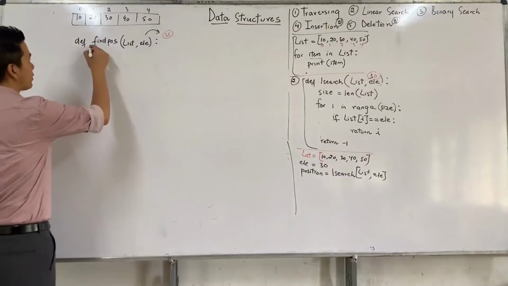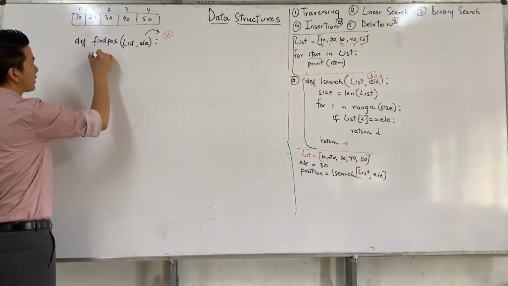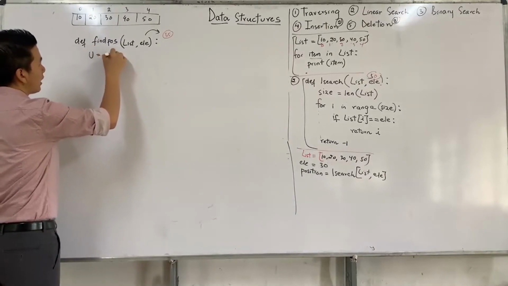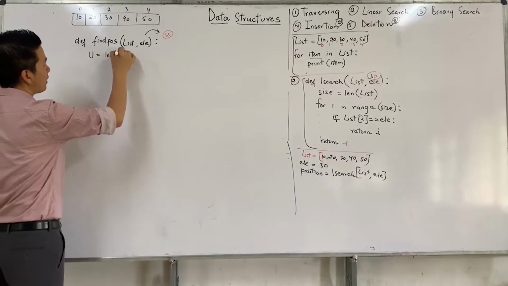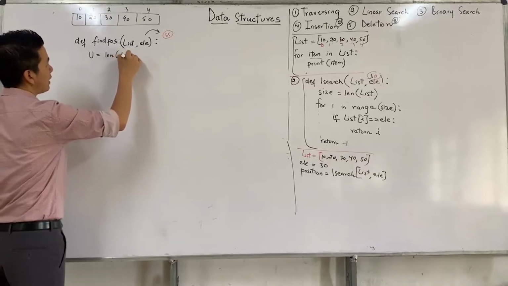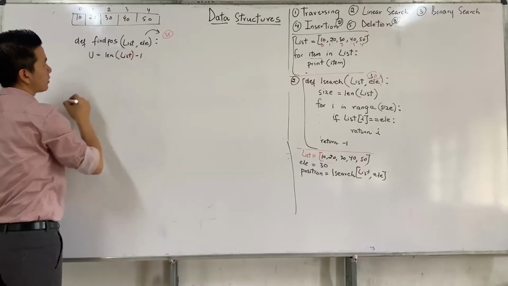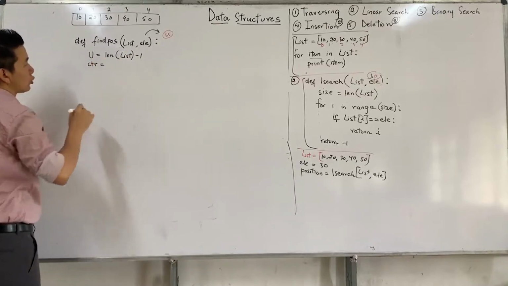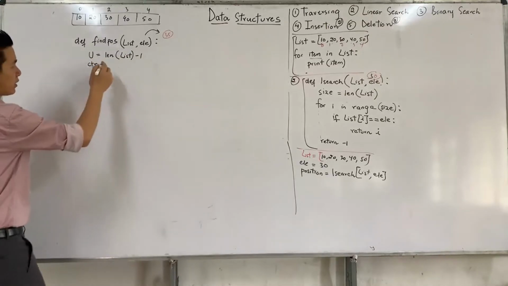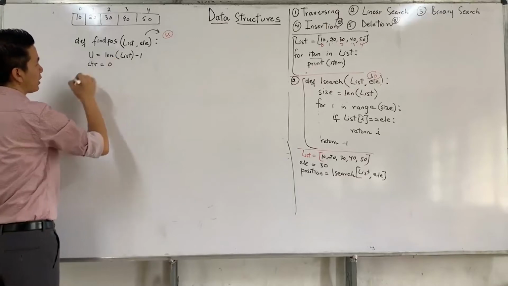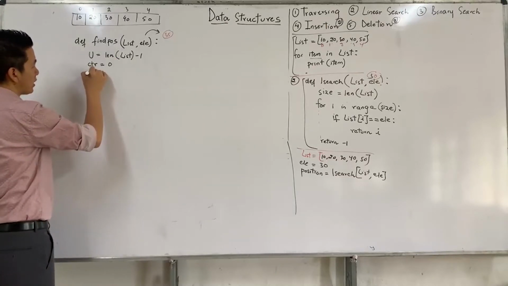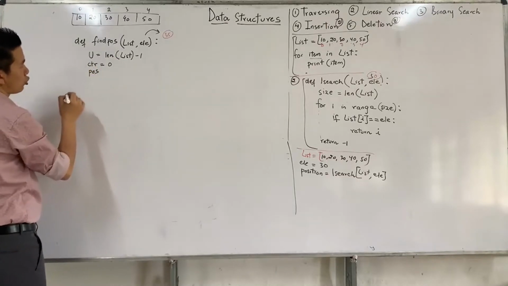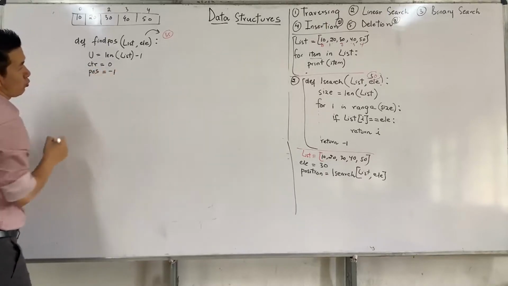But before this, let's have some variables like u. I need these variables for the program. u is the len of list minus 1, and I'll be using a counter to traverse the list. The counter will initially be 0, and the initial value of position will be minus 1.